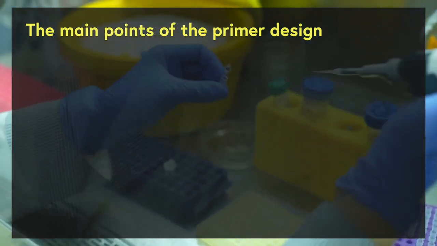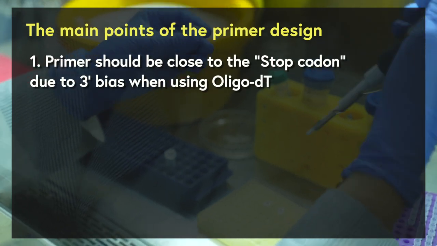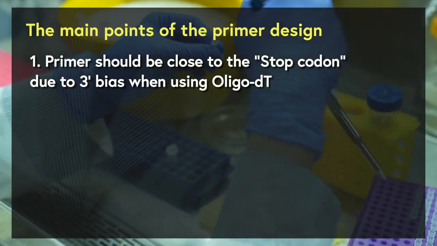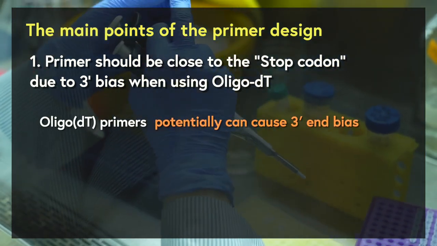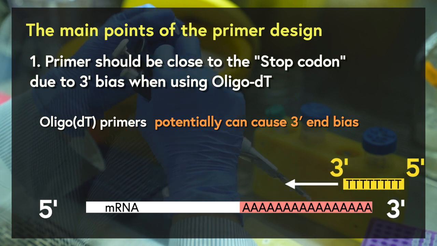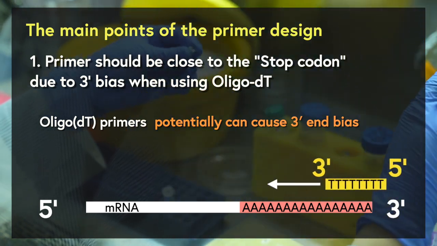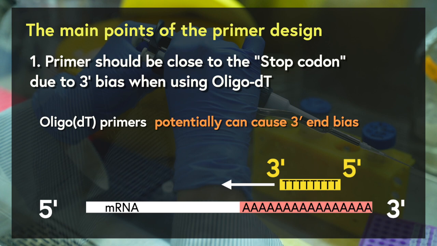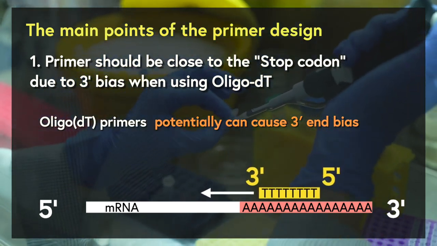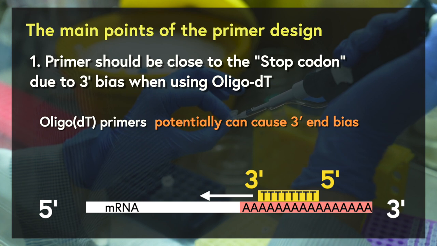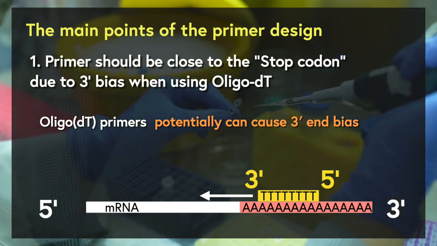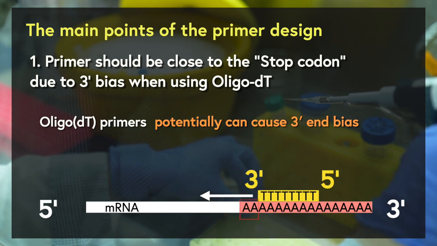First, your primer should be designed close to the stop codon, as close as possible, due to the 3' bias when using oligo-dT. What is 3' bias? We mentioned before, when we are doing the reverse transcription using oligo-dT as primer, because they contain many T in the primer, which can complementarily bind to the poly-A tail of the messenger RNA.